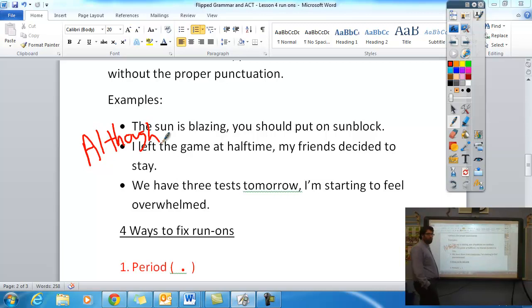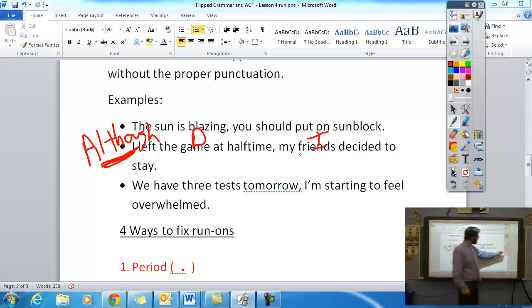Although I left the game early, or even though I left the game early. We make that first clause dependent. Although I left the game early, even though I left the game early, my friends decided to stay. So we put this subordinating conjunction. Now this first clause is dependent, and this clause is independent, and we've got a good complex sentence. We fixed our run-on, right?